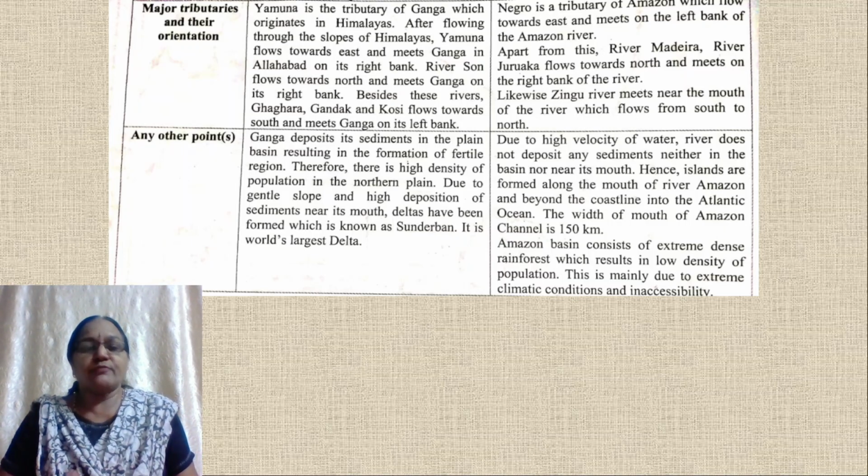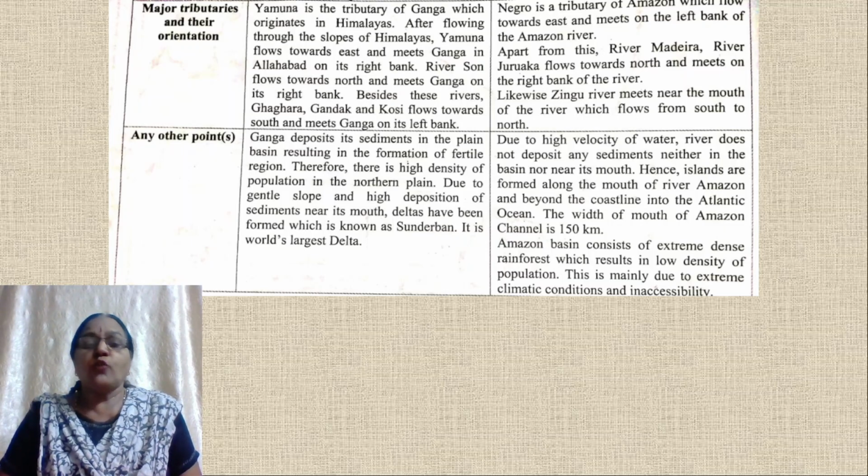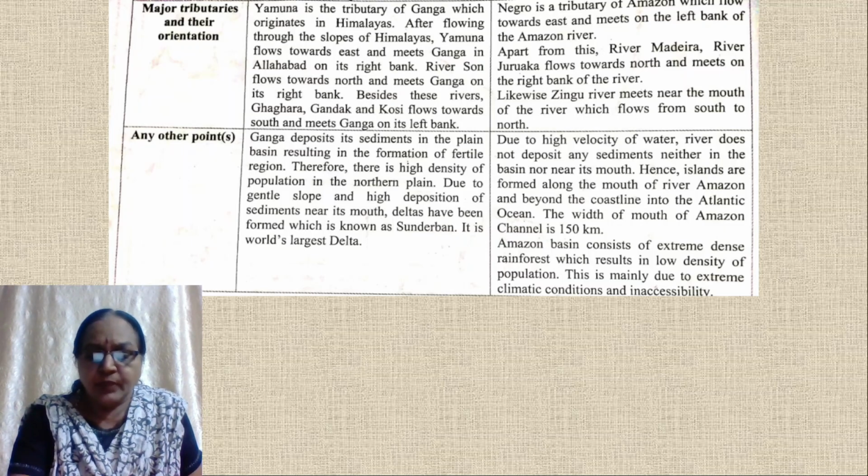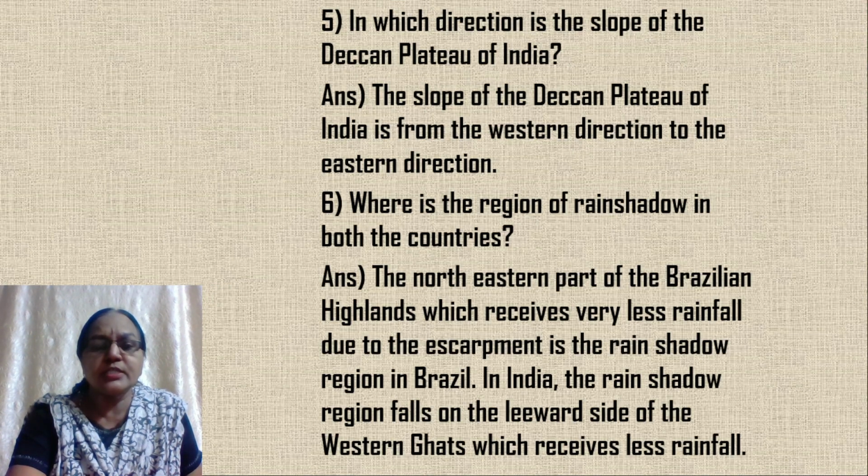And we have Son, which flows northwards and meets the Ganga on the right bank. Apart from this, we have other rivers like the Ghagra, Gandak, Kosi, which flow towards south and meet the Ganga on its left bank. Now you can see all these rivers here.